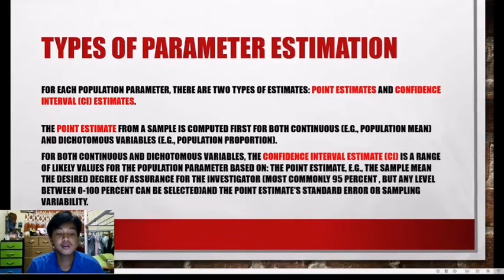For both, the confidence interval estimate is a range of likely values for the population parameter based on the point estimate, like the sample mean, the desired degree of assurance for the investigator, most commonly 95%, but any level between 0 and 100% can be selected, and the point estimate's standard error or sampling variability.